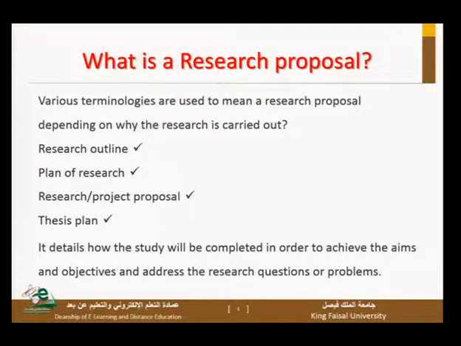The proposal details how the study will be completed in order to achieve the aims and objectives and address the research questions and problems. So you've got many things to have in your proposal. You list them, you say what you are going to do, and you identify the limitations that you are going to face.